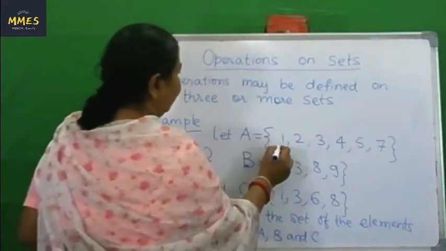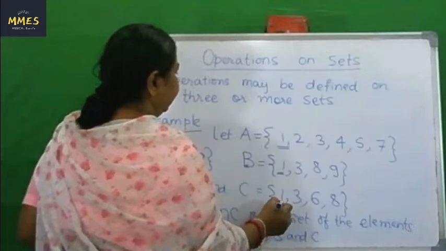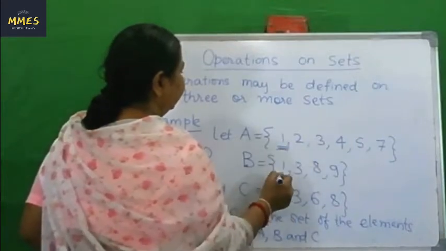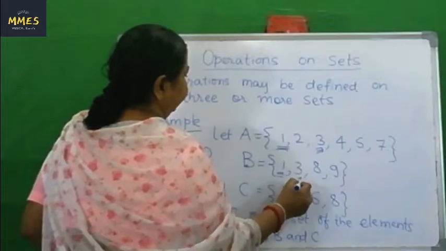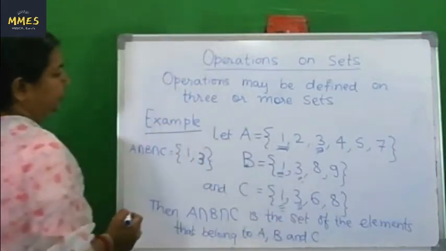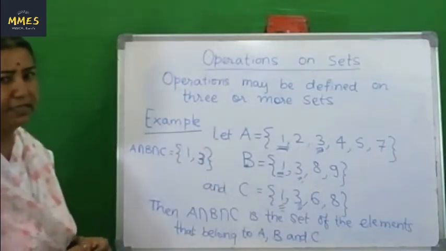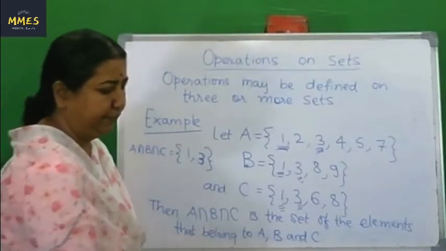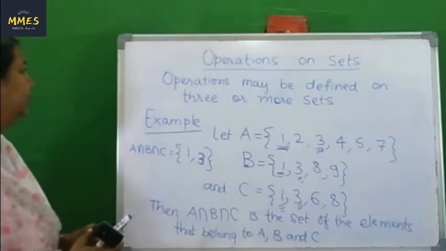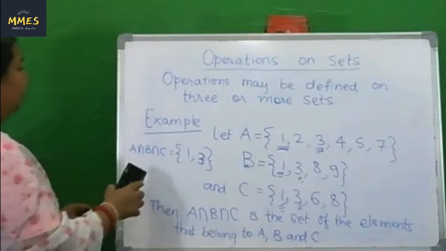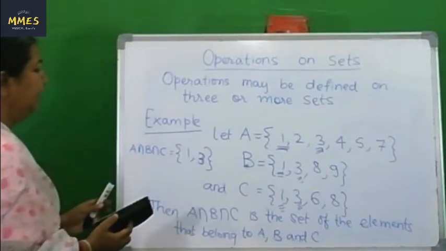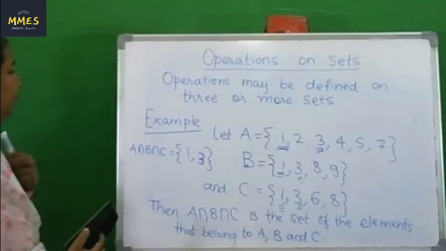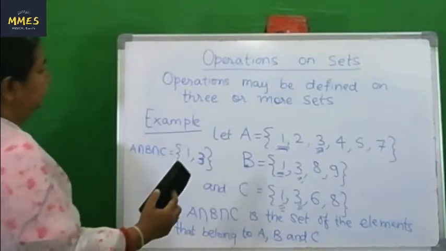Because 1 is common and 3 is common in all the 3 sets. So this operation is defined on more than 2 sets. We have taken 3 sets and the intersection of A, B and C together.